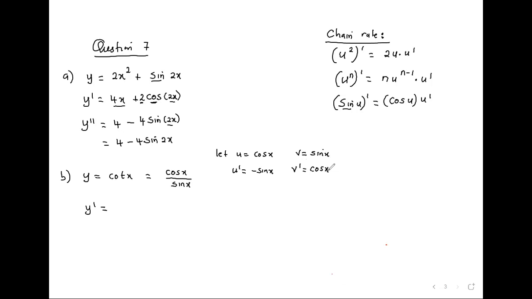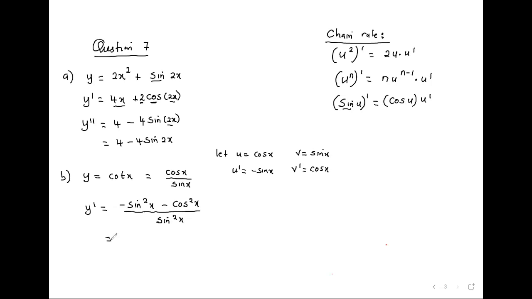So we'll have u prime v, which is negative sine squared x, minus v prime u, which is cos squared x, over v squared, sine squared x.